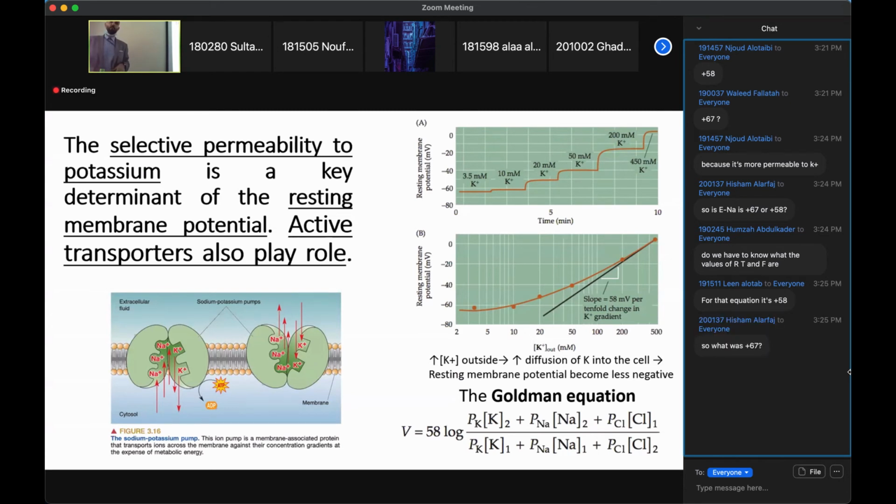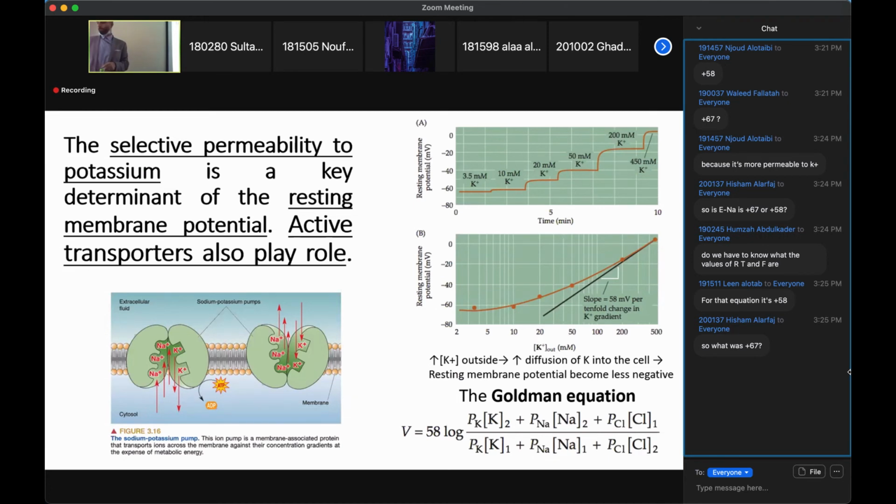We won't go into details with the Goldman equation. It's basically to calculate the membrane potential itself, not the equilibrium potential, okay? The membrane potential, and so it will take into consideration all the concentrations of the ions inside and outside.